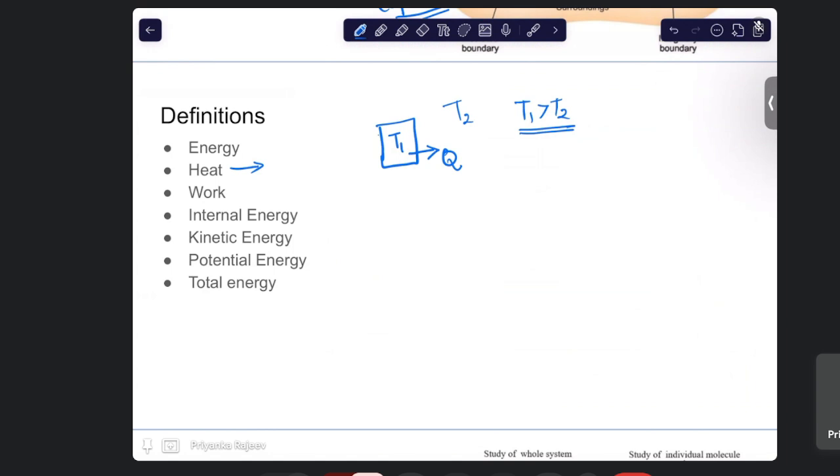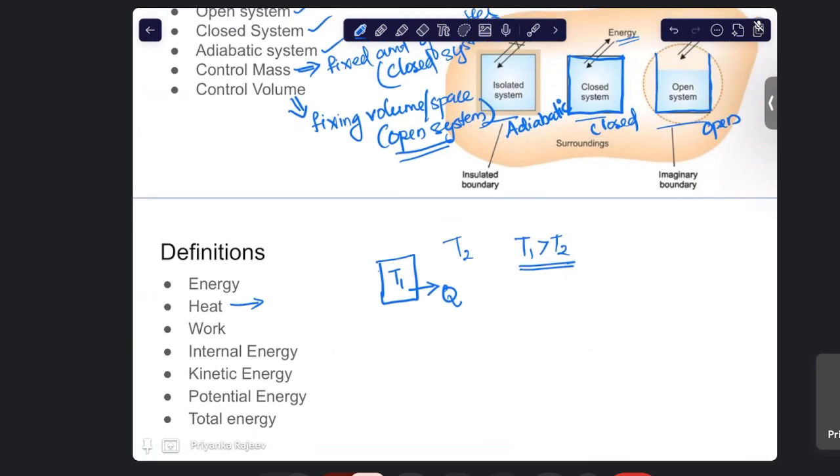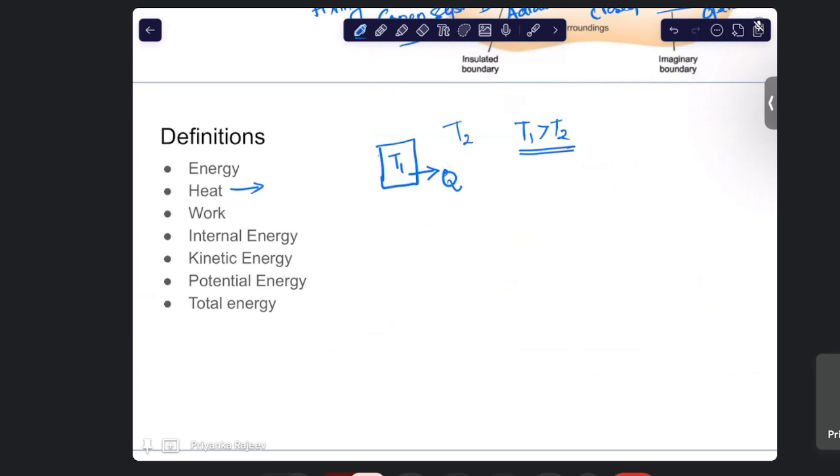Of course, this boundary should not be adiabatic. That means it should permit the energy transaction, as in a closed system or an open system. So energy will flow from the system to the surroundings, and that is called heat.